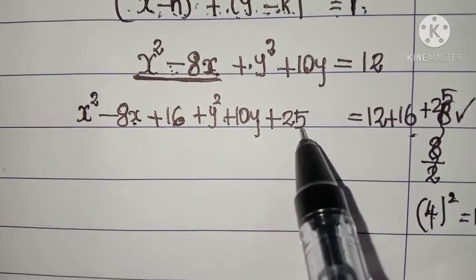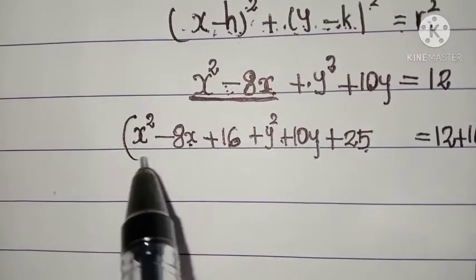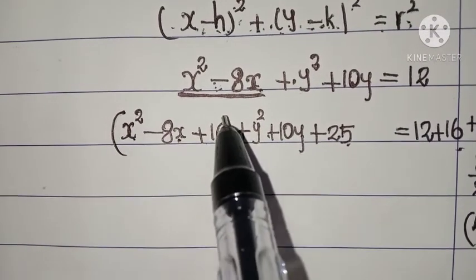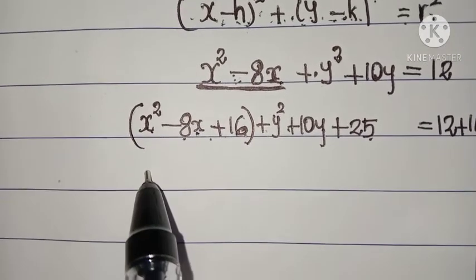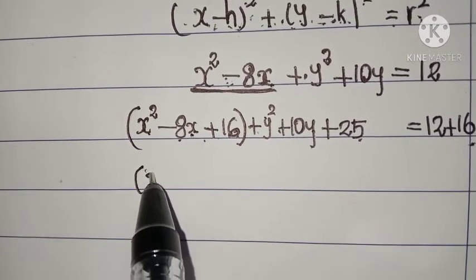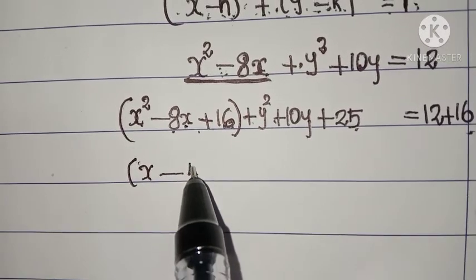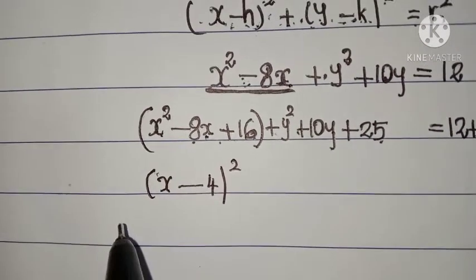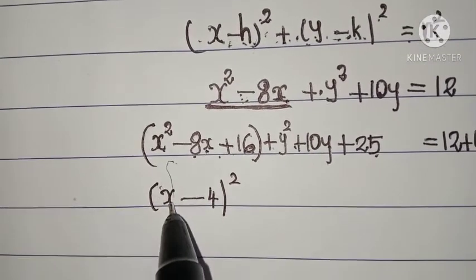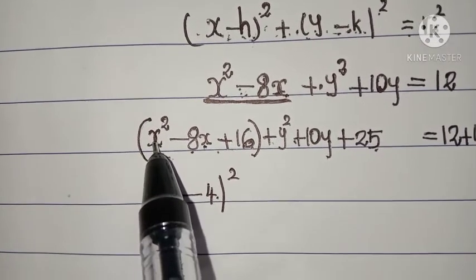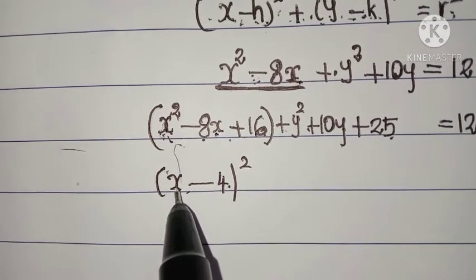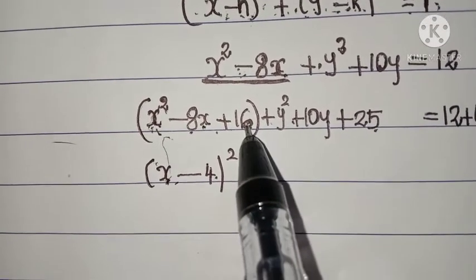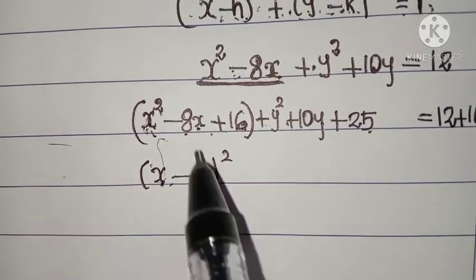5 square is 25. Now see, this x square minus 8x plus 16 has now become a perfect square form. It is the whole square of, listen, x minus 4 the whole square. So to write this, take the square root of x square, which is x. Now the square root of 16 is 4.